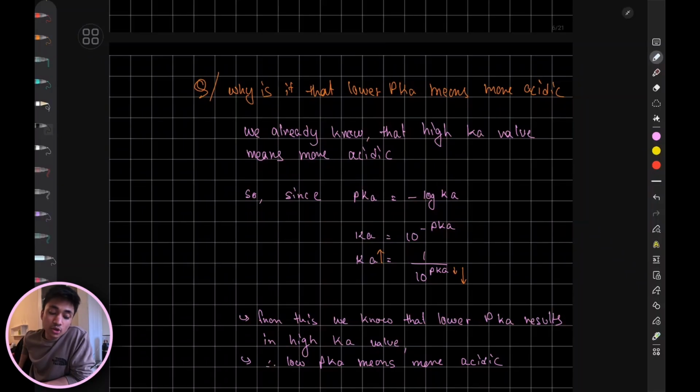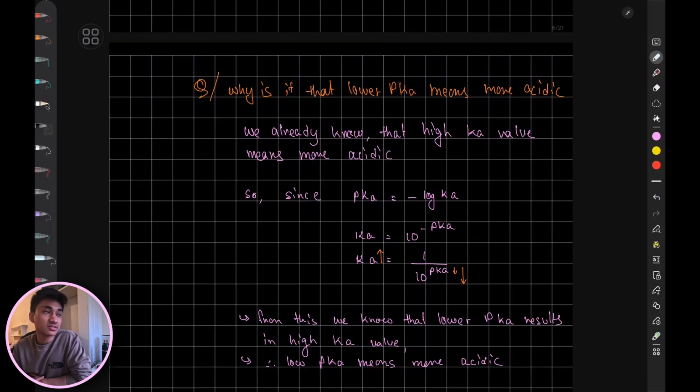Now, why is it that lower pKa means more acidic? It's pretty much the same logic I explained in case of the pH scales, that a smaller value or more negative values are going to mean more acidic in nature.